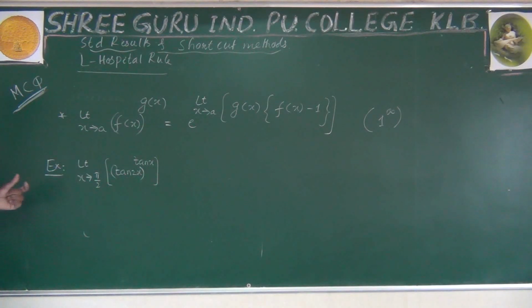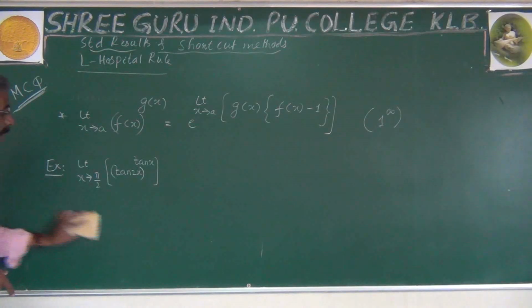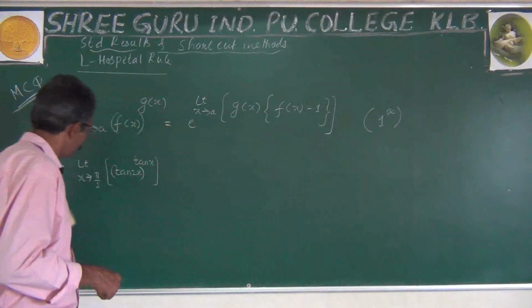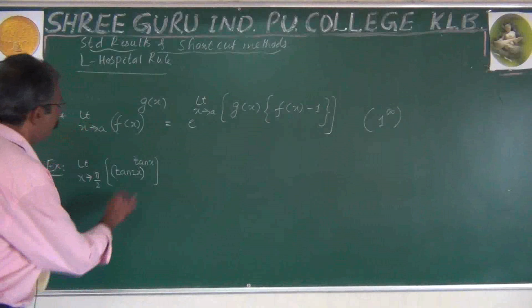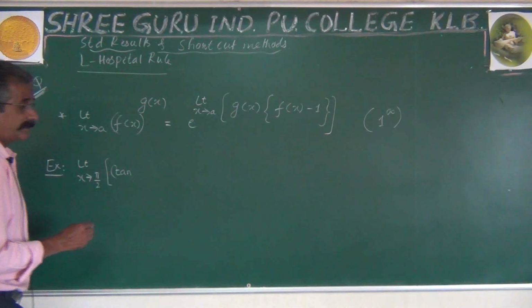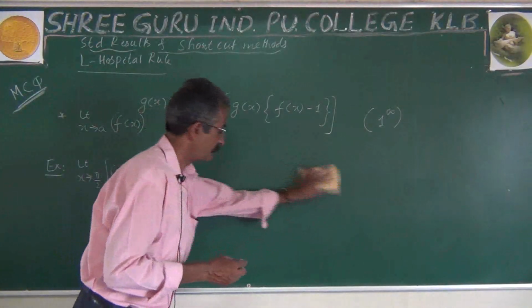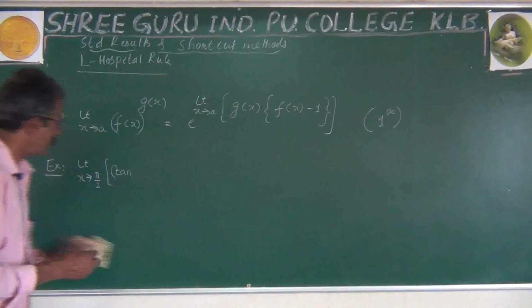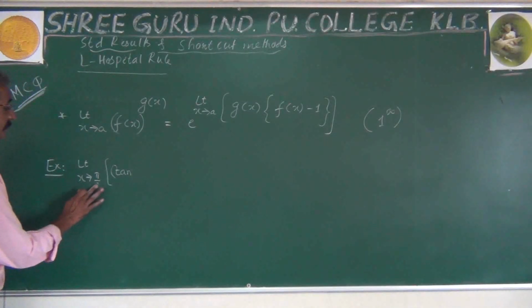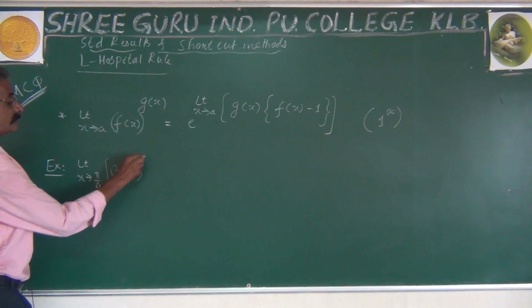Think that you are evaluating this problem. Verify what happens when you put the value in. Evaluate limit as x tends to pi by 4, tan x to the power of tan 2x.